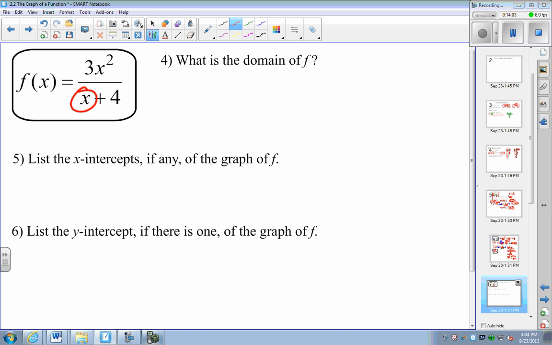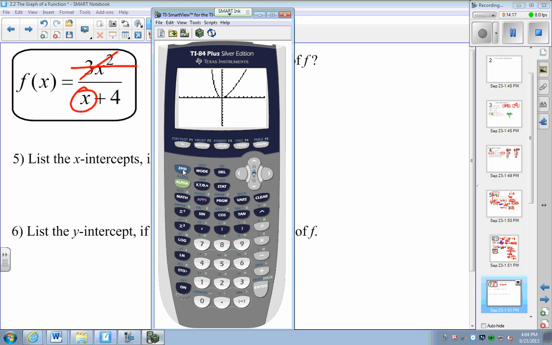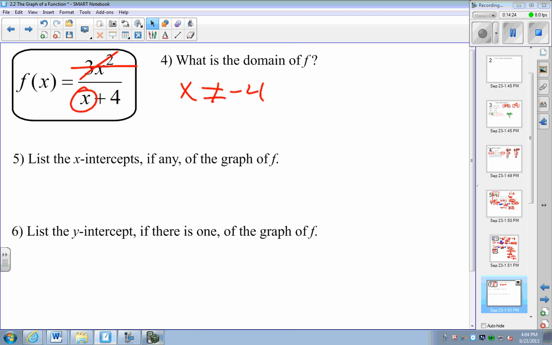So we can have anything we want for the x except a negative 4. We don't even care about what's on top right now, unless it's a square root. Okay, you have anything you want as long as it's not a negative 4. So if we go to our table, if we plug in negative 4, error, so we know we did that right.